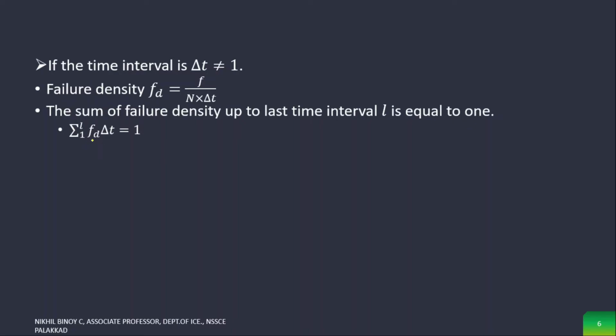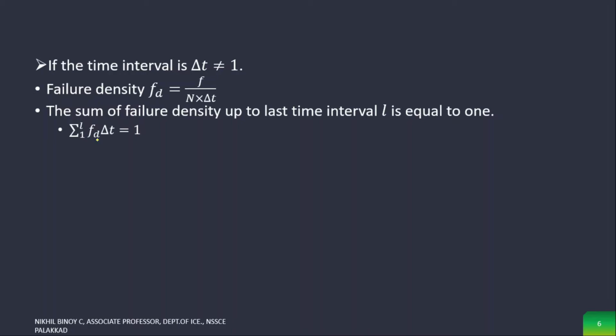Wherever fd is used to calculate the sum of failure density or reliability or probability of failure, you have to multiply fd with delta t. You can easily remember that.